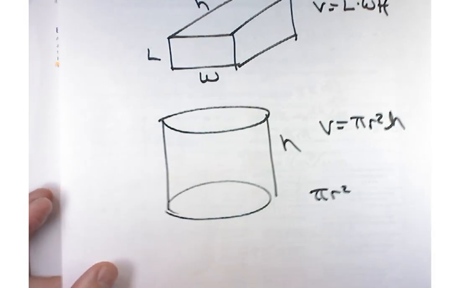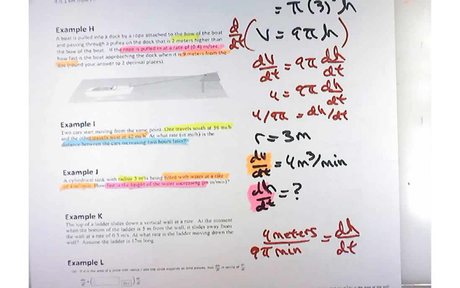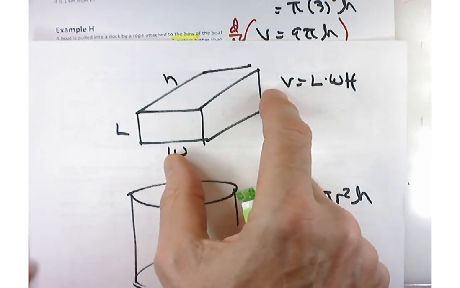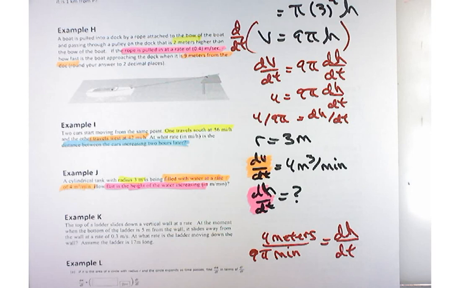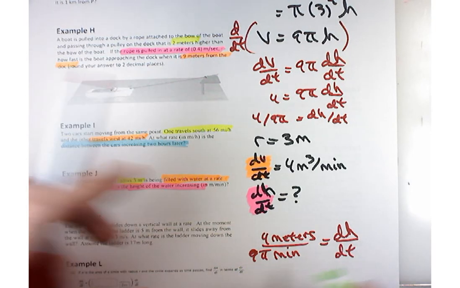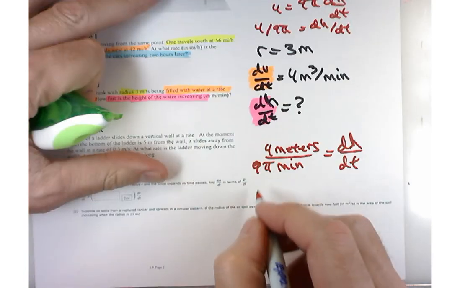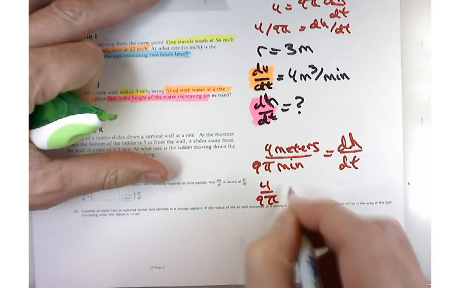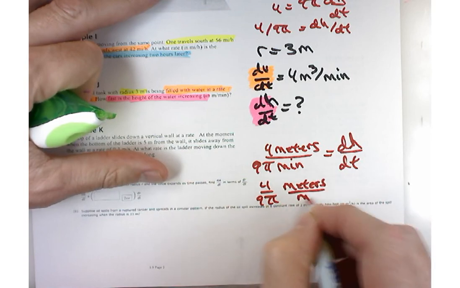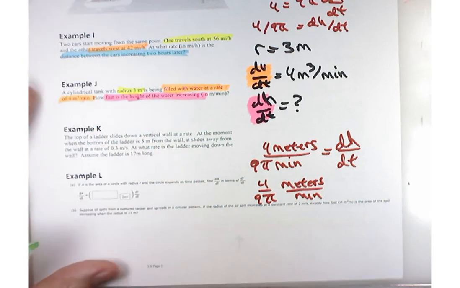I mean, you essentially do the same thing with a rectangle to get the volume of a box. Thank you. So that's a 9 pi. Let me write it again a little different: 4 over 9 pi meters per minute. That's a lot better.